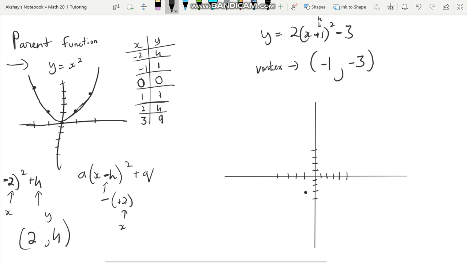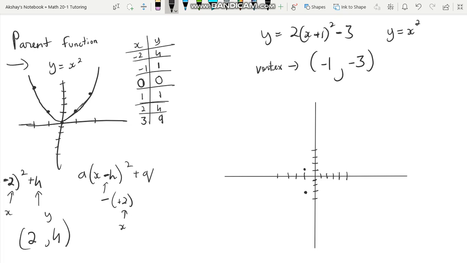Okay, so let me just rewrite this. Our parent function we know is y is equal to x squared, which I've already graphed here using our table of values. Let's say from our parent function, I'm taking the point (-1, 1) to help me graph my function. Let me place that point, which would be right here.